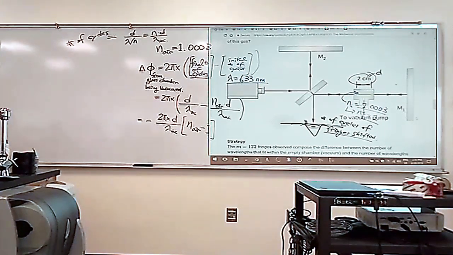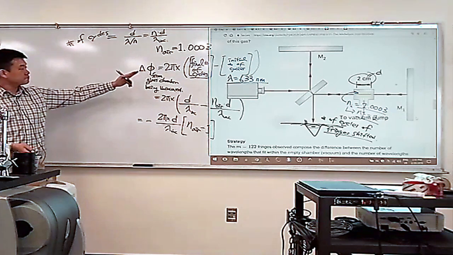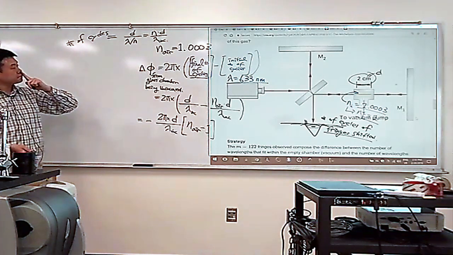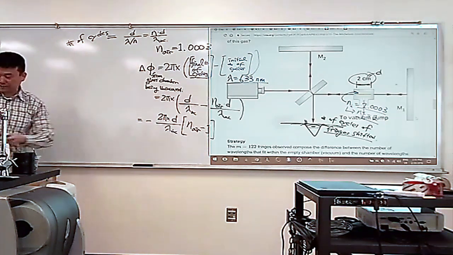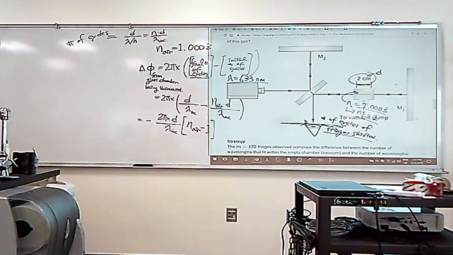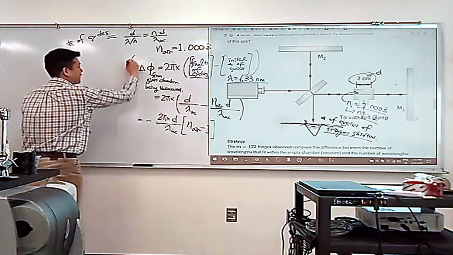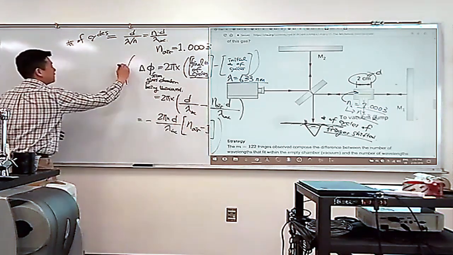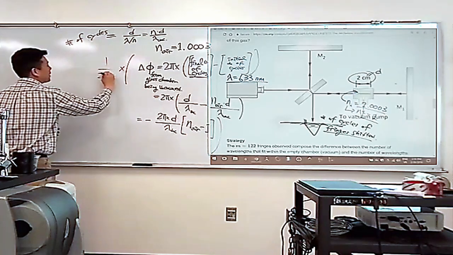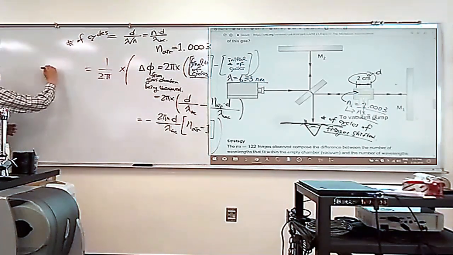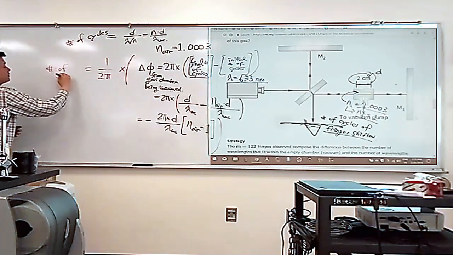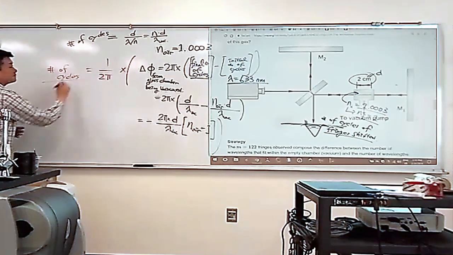So I'll just plug in the numbers. That'll give me the phase. Actually, instead of plugging in the numbers right now, if I take this and divide out the 1 over 2 pi, this is going to be the number of cycles that I should be looking for anyway, right?